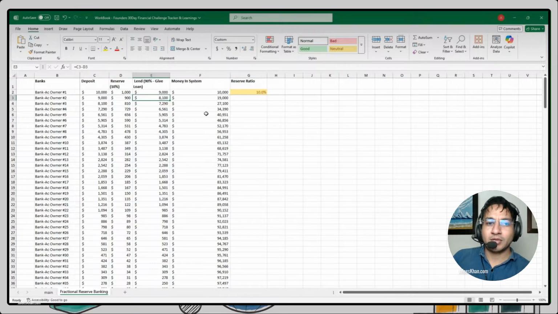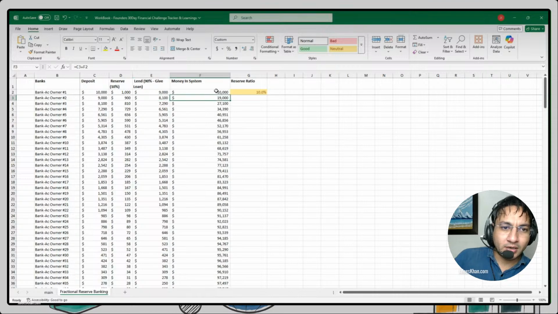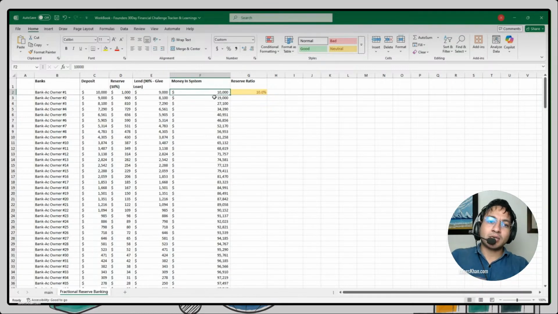So what has happened here? When I deposit $10,000, there is only $10,000 of money in the system in the record. But when the other person came and took the $9,000 and put it in their bank account, there is another entry of $9,000 in another account.